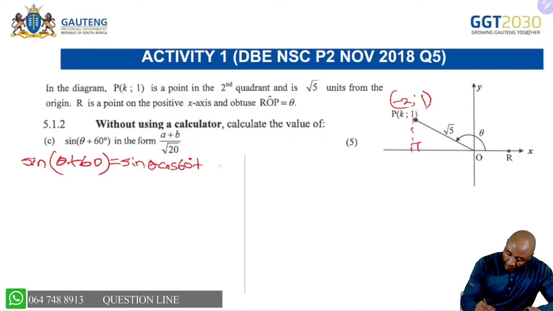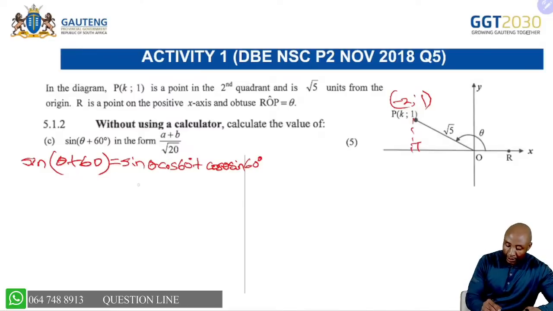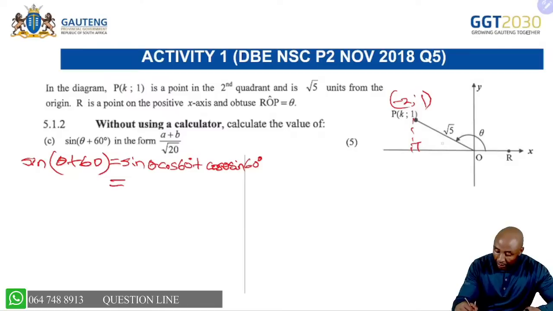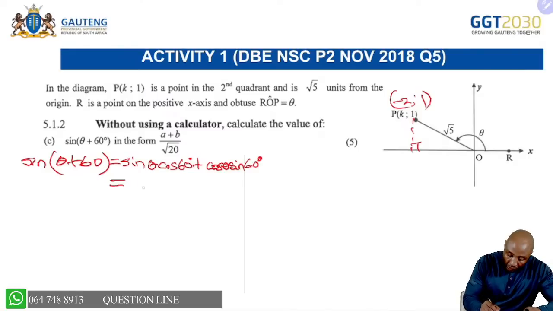plus cos theta sine 60 degrees. It's sine cos, cos sine on the expanded form. So from there on, you are using the solutions that you got. For your sine theta, we know that it will be 1 over square root 5. We are substituting.